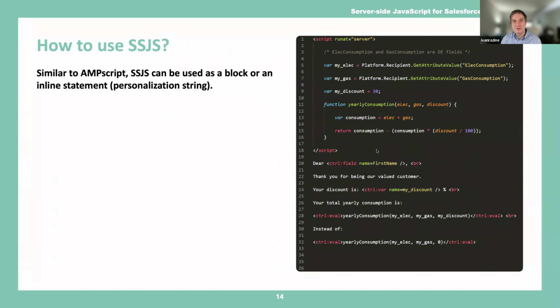So basically, if you define a variable mygas in the block of server-side JavaScript above, you can use this weird HTML tag, ctrl:var, to actually display the value of the variable. Or you can use ctrl:eval to render your function that you define in your server-side JavaScript.